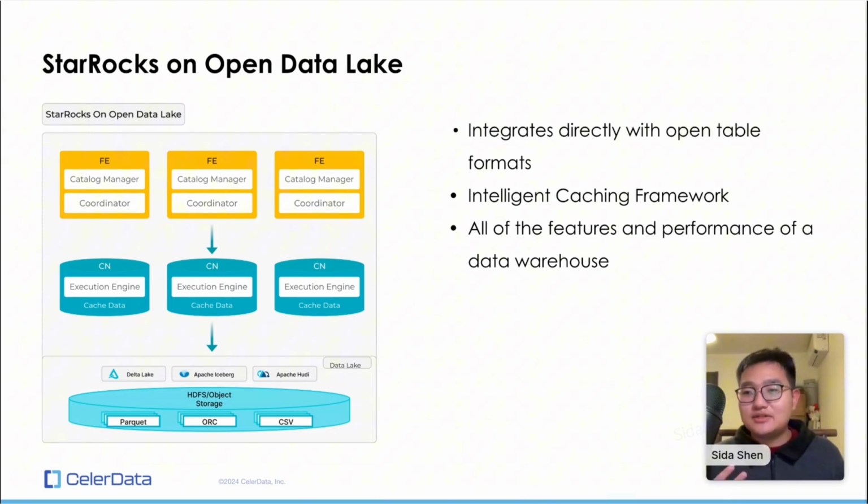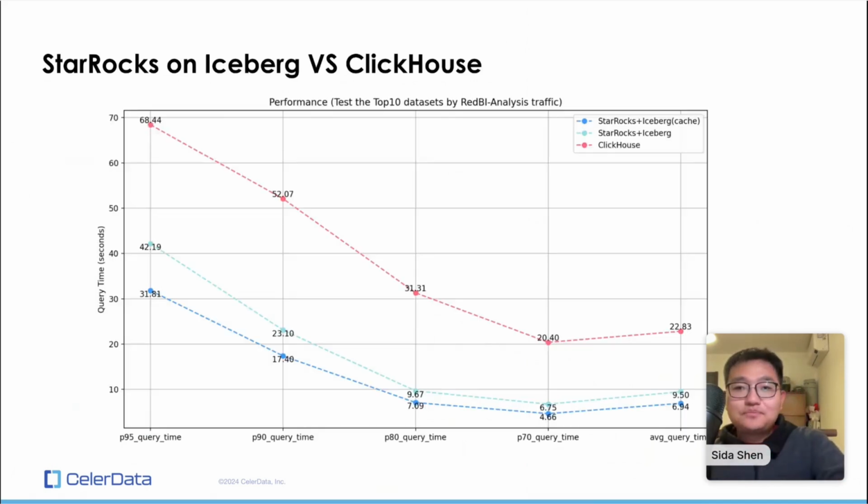It has an intelligent caching framework to overcome the traditionally thought slow performance of data lake storage devices, and has all of the features and performance of a data warehouse. We actually ported all of the features from StarRocks as a data warehouse, that kind of data warehouse customer-facing experience, to the open data lake.